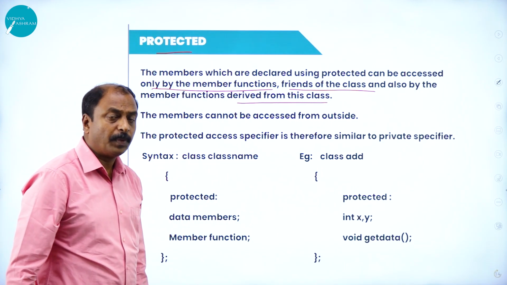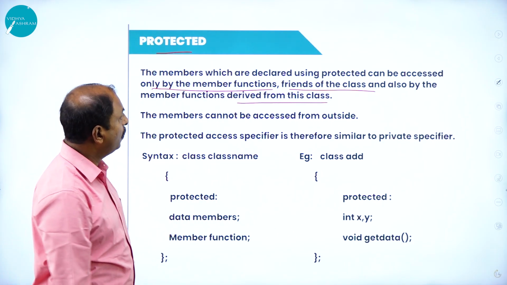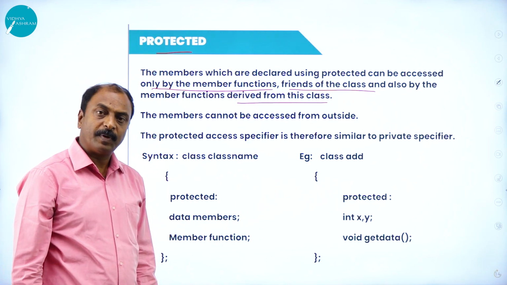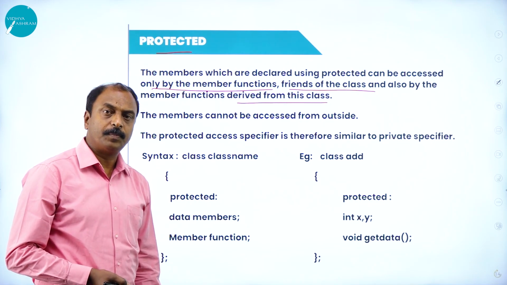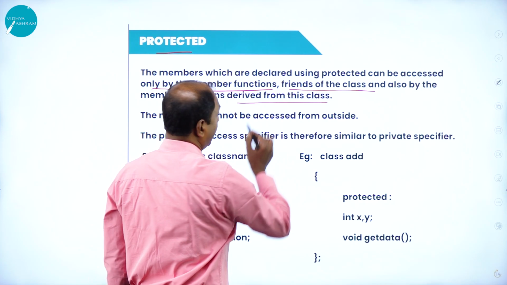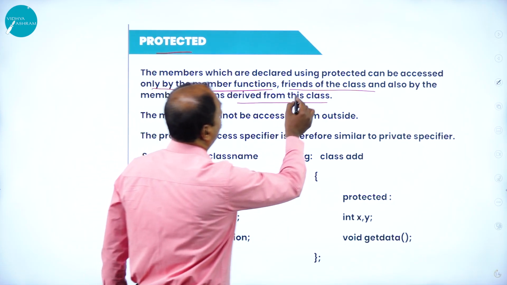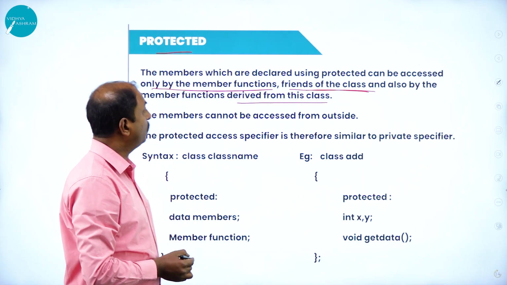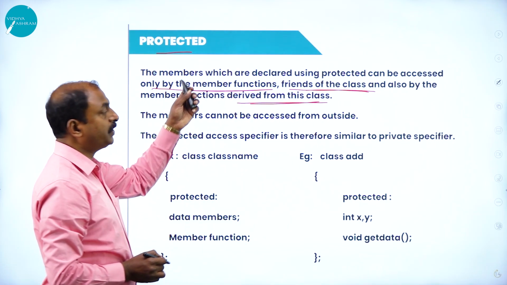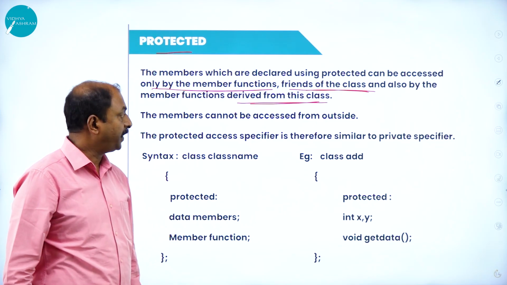So here there are three points to be noted. First, the data members or member functions declared under protected are accessible by the member functions of a class. Second is friends of a class, and third, also by the member functions of derived classes. This is the definition of the protected access specifier.